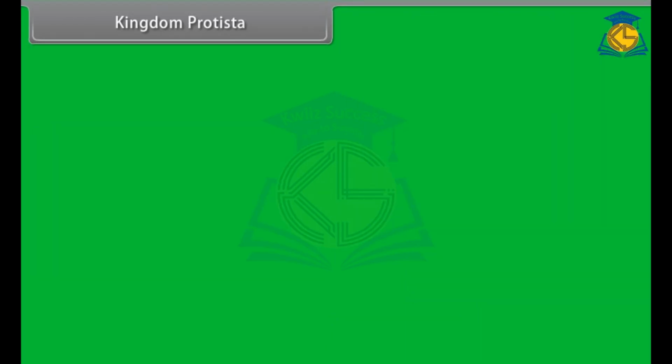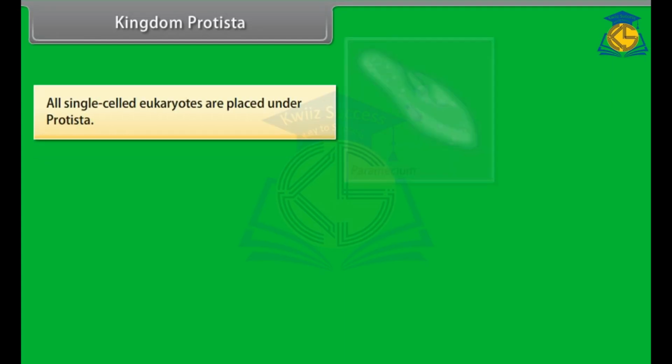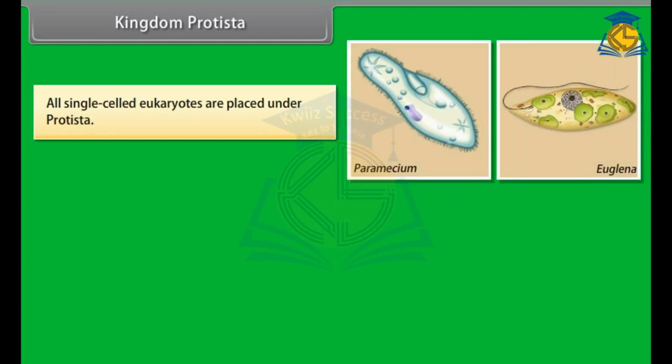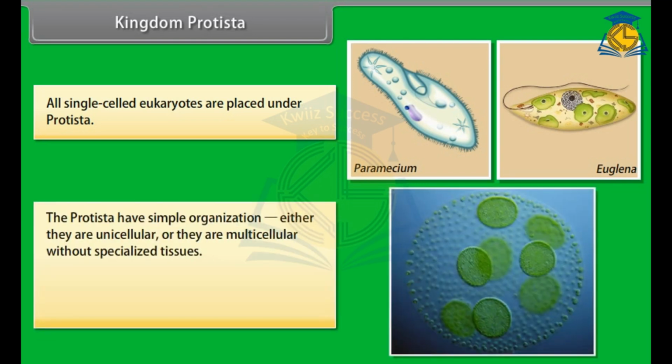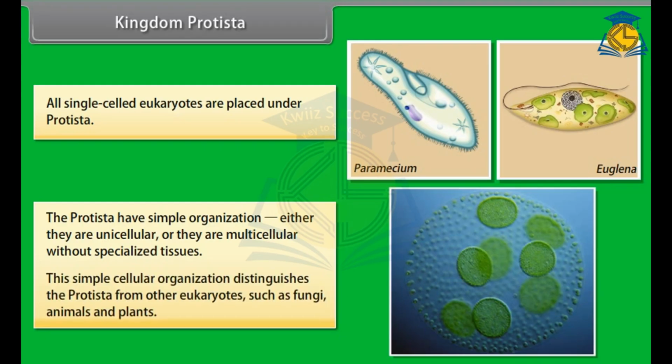Kingdom Protista. All single-celled eukaryotes are placed under Protista. The Protista have simple organization. Either they are unicellular or they are multicellular without specialized tissues. This simple cellular organization distinguishes the Protista from other eukaryotes such as fungi, animals, and plants.